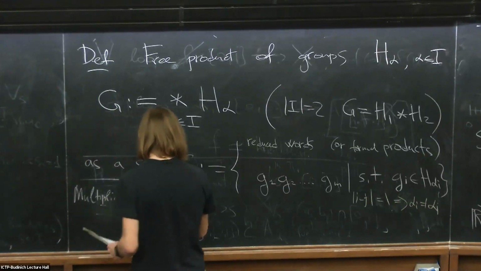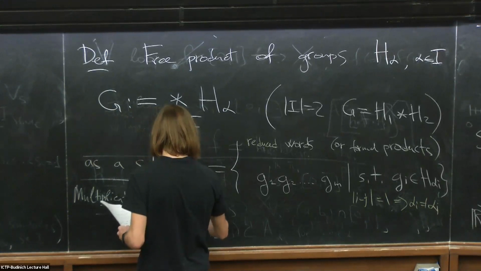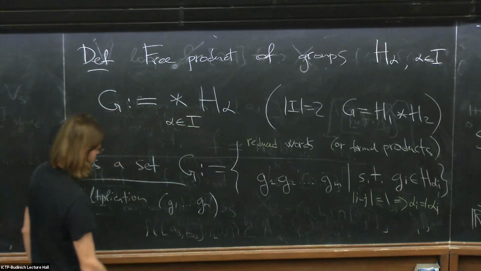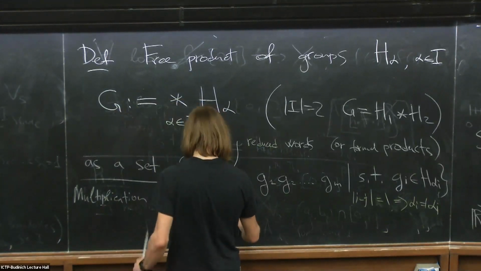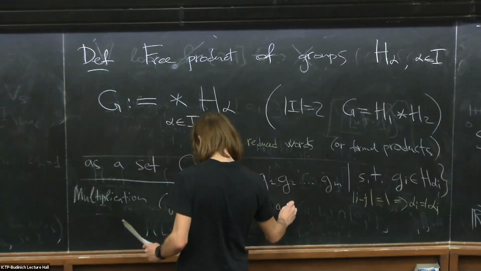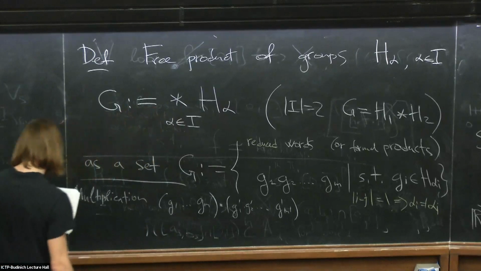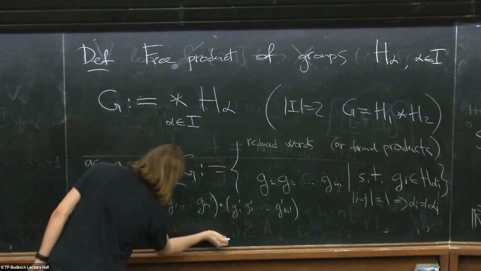Take an element, for example g1 to gm, some finite sequence, and we want to define its multiplication with another finite sequence, g1 prime to gm prime.